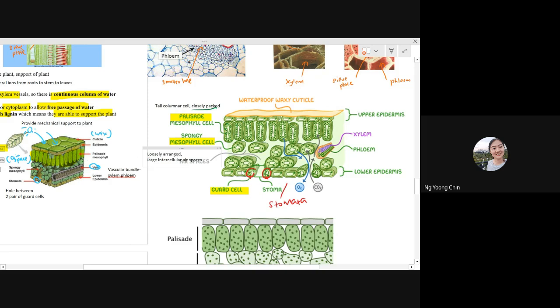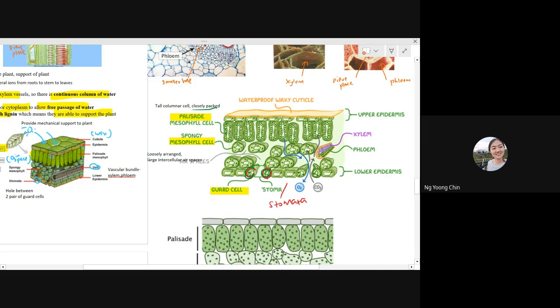Then below that, there are the guard cells. The guard cells are these 2 red cells, this pair of cells. Guard cells form a very important structure we know as the stoma or stomata. In the exam, you can write either stoma or stomata; one is the singular term and one is the plural term, but both of them are accepted in the exam. So the guard cells produce the stoma.